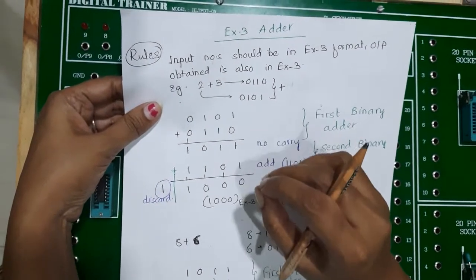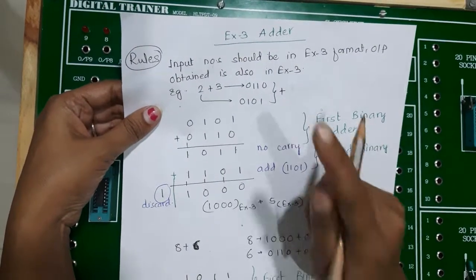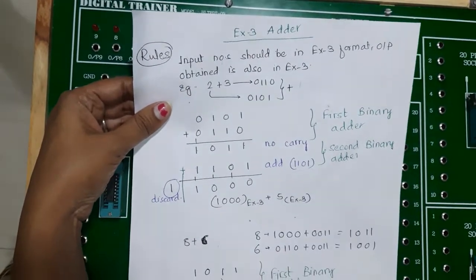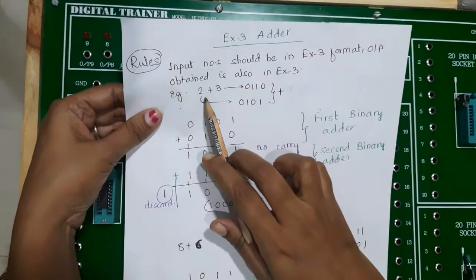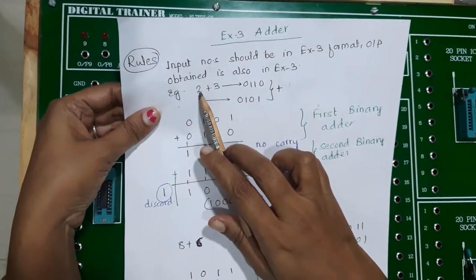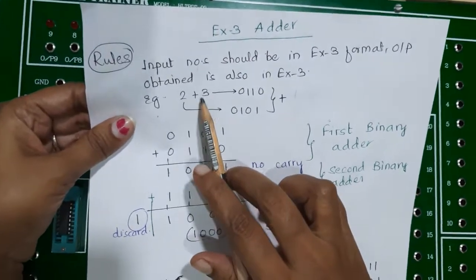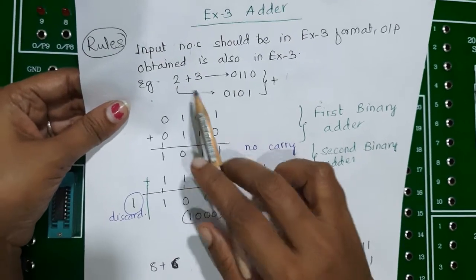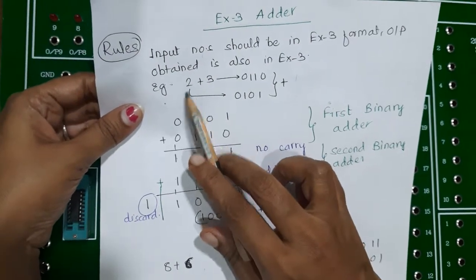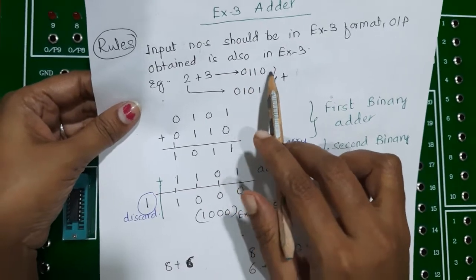So keep in mind that whatever number we are going to add, we have to take it in XS3 format while providing the input. Whatever result is obtained, we also obtain in the form of XS3. That means if I am going to add 2 plus 3, first of all we have to get its BCD equivalent, that is 0010 for 2 and 0011 for 3, and by adding 3 to it I will get the XS3 representation: for 2 it is 0101, and for 3 it is 0110.